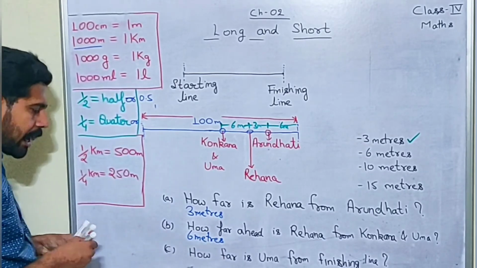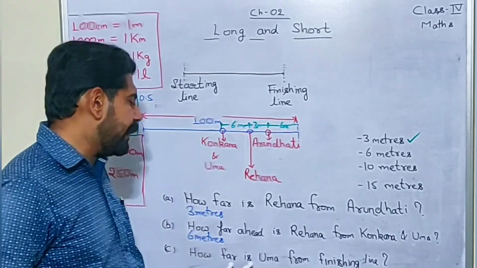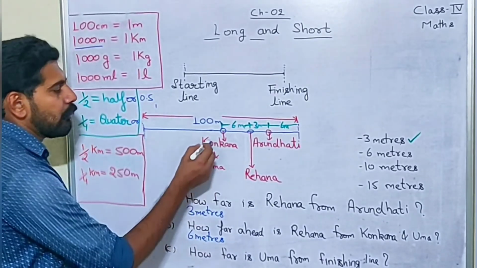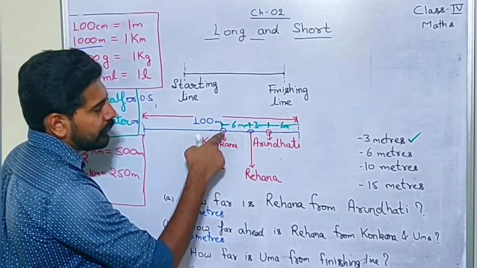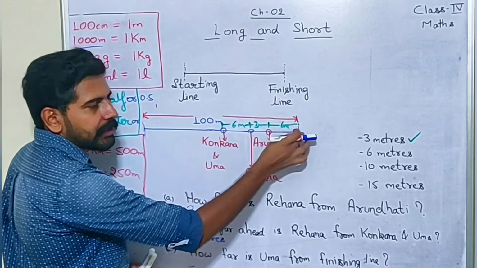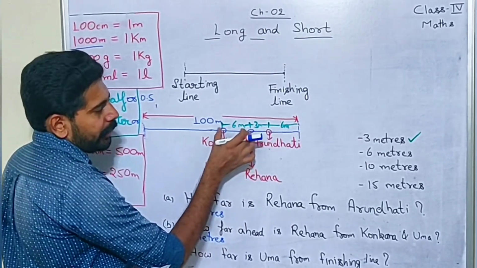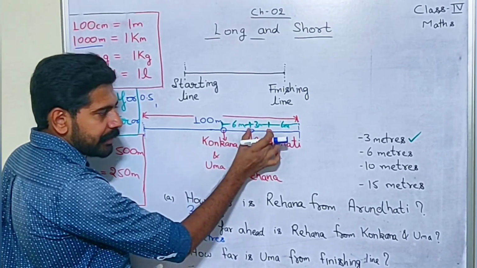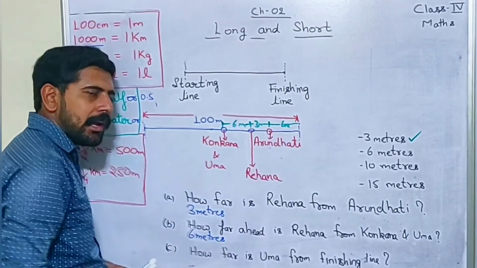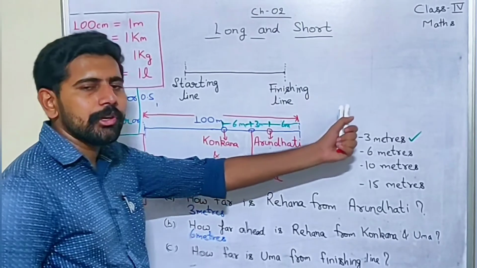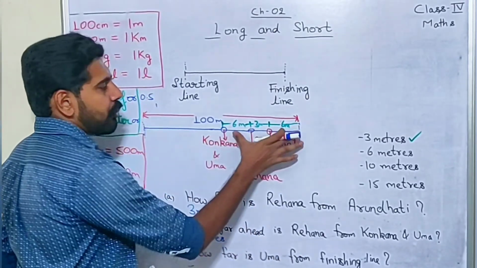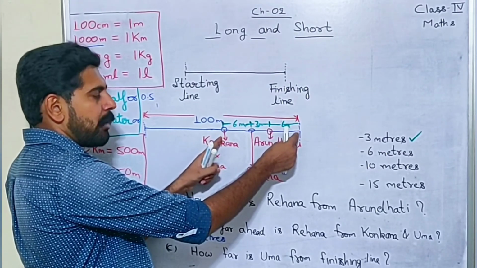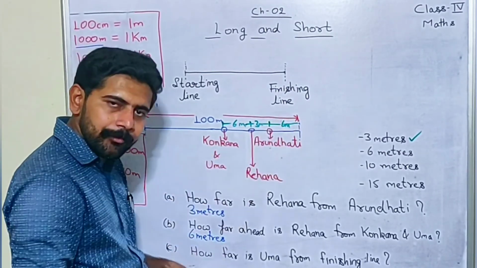Now the next question asks, how far is Uma from the finishing line? Where are Uma and Konkanna? They are here. Where is the finishing line? Here. We can see that this part is 6 meters, this part is 3 meters, this part is 6 meters, and if we join them, we get this whole part, the distance between Konkanna and Uma and the finishing line.